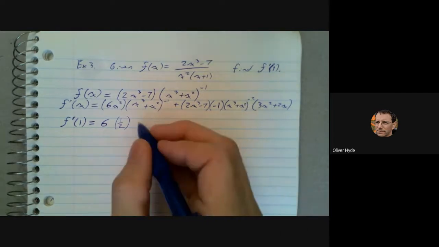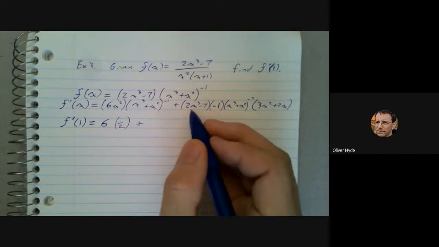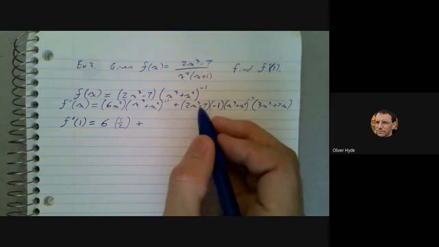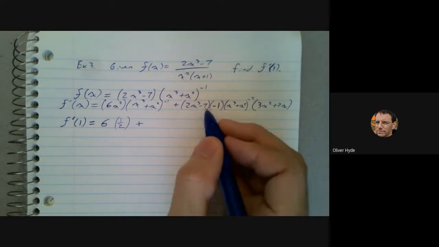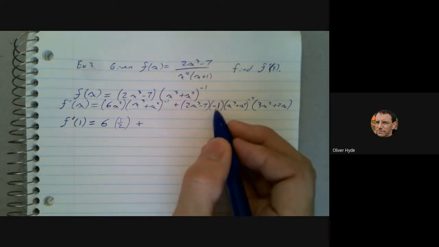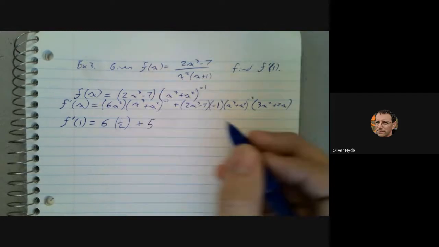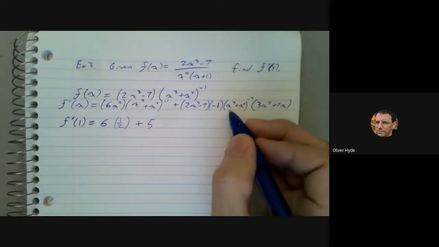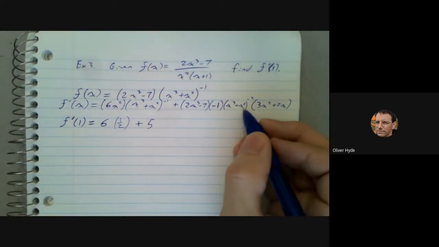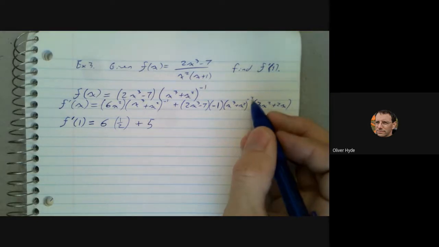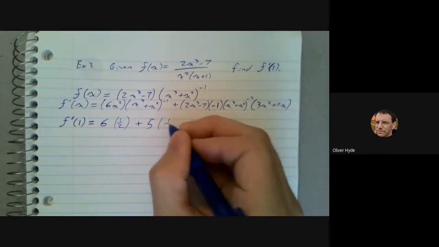Then I've got 1 cubed is 1 times 2 is 2 minus 7 is negative 5 times negative 1 is positive 5. I've got 1 cubed is 1 plus 1 squared is 1. 1 plus 1 is 2. The reciprocal of the square of 2 is 1/4.